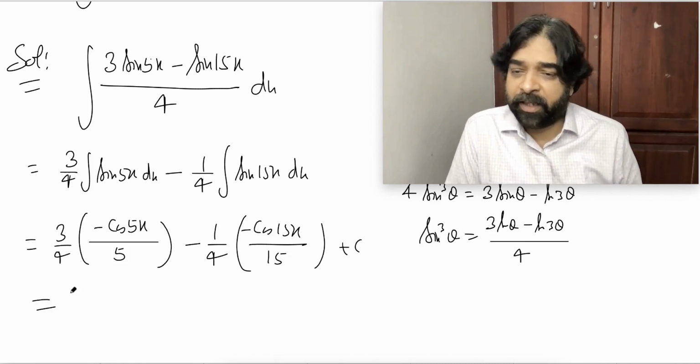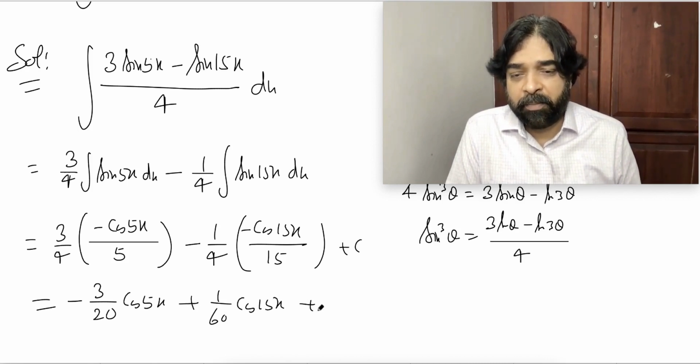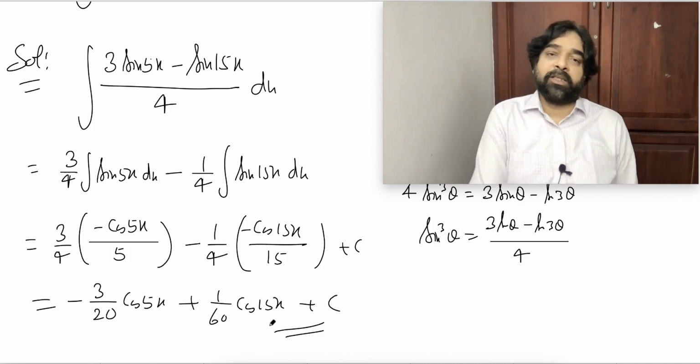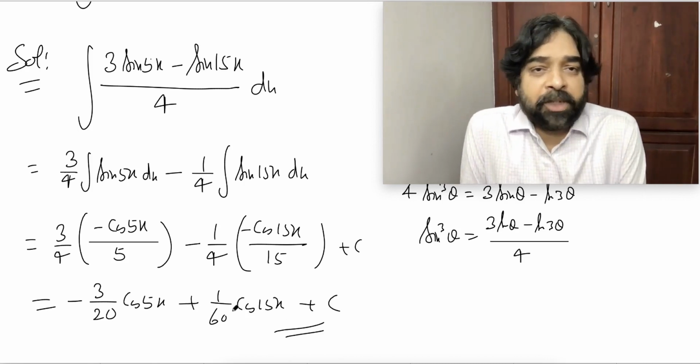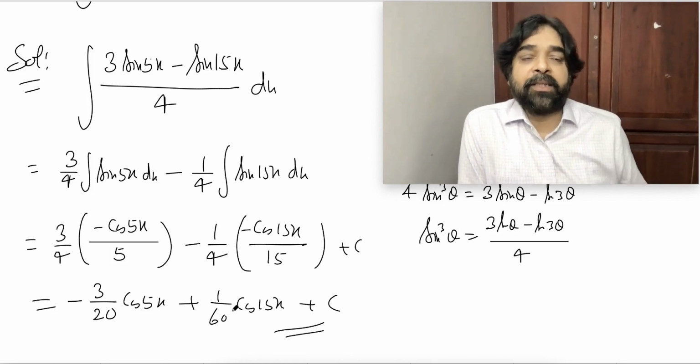Just beautification, nothing else. So minus 3 by 20 cos 5x plus, because this minus becomes plus, 1 by 60 cos 15x plus c. This will be your answer. I'm sure it's clear to everybody. Understand? Let's see some more questions.